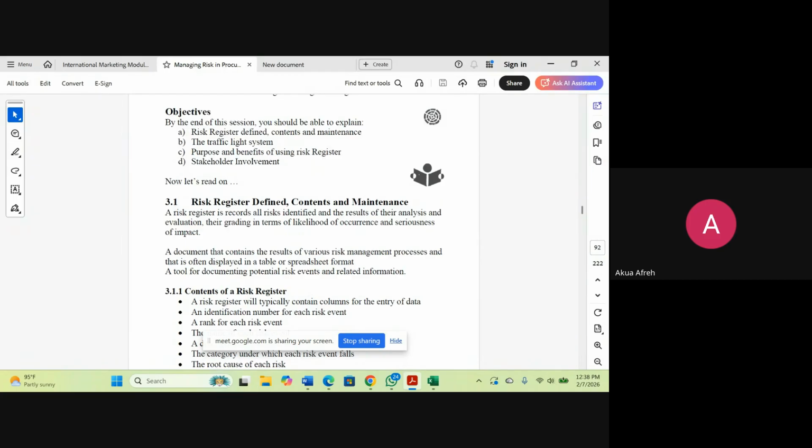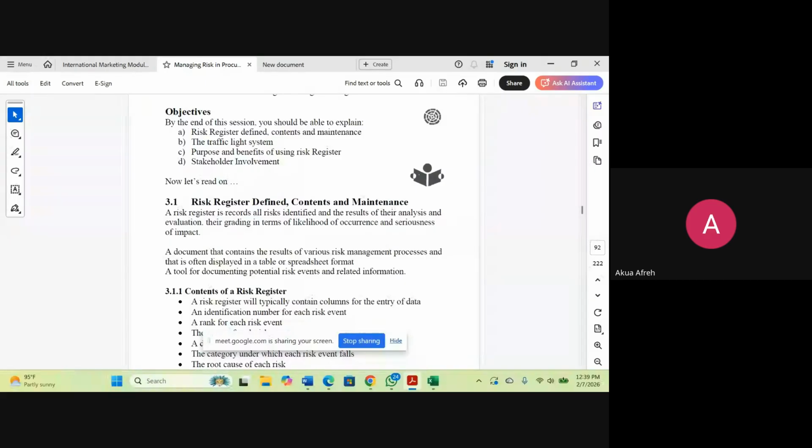We keep records of the risks that we've been able to identify, the impact of those risks, and the likelihood of those risks happening. So all the things that we've stated, you put in the risk register. You record the identified risk, the likelihood of a risk happening and the impact.